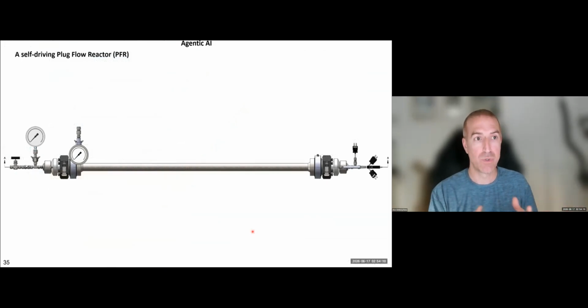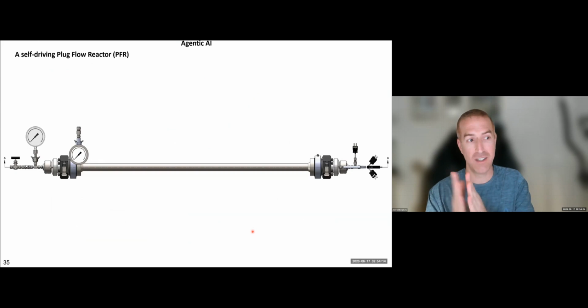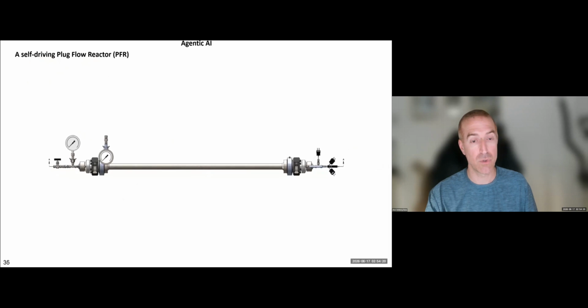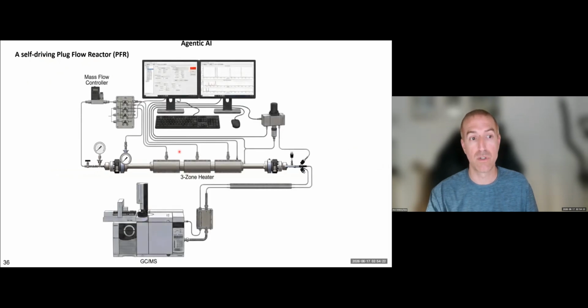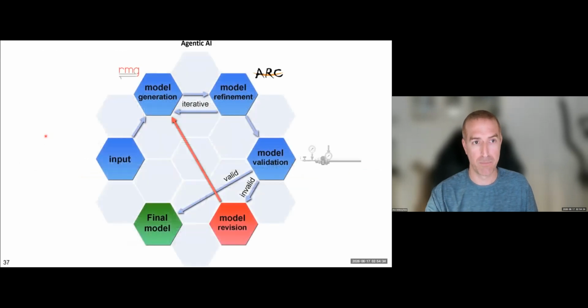Speaking about experiments, we're actually doing the wet work as well. We're not all theoretical, and we have a reactor that's a plug flow reactor. It's a self-driving reactor, so Python controls the reactor in terms of the temperature, the pressure, monitoring the gases that go out, everything that goes in, the mass flow controllers, so that's all being done automatically.